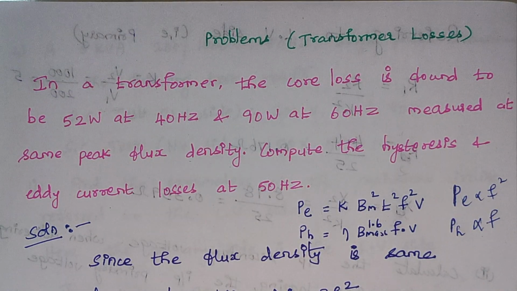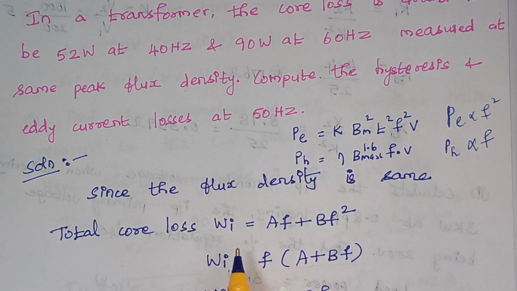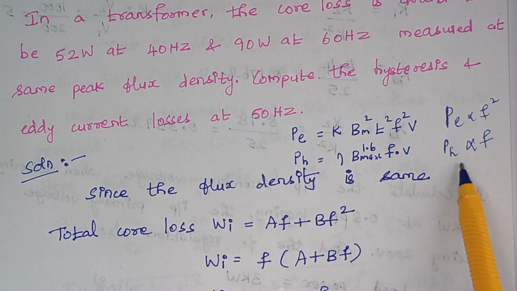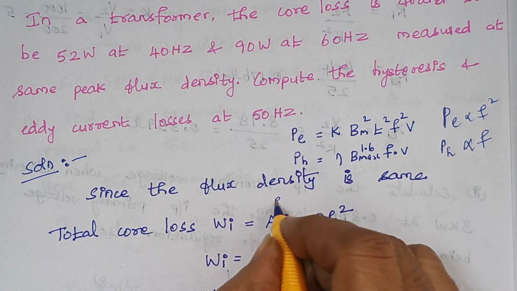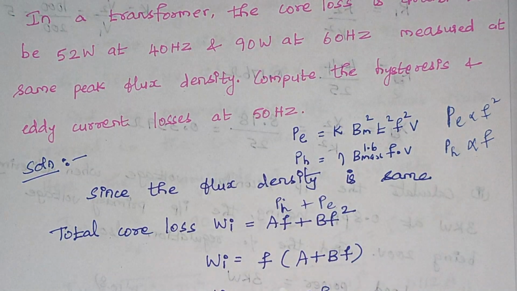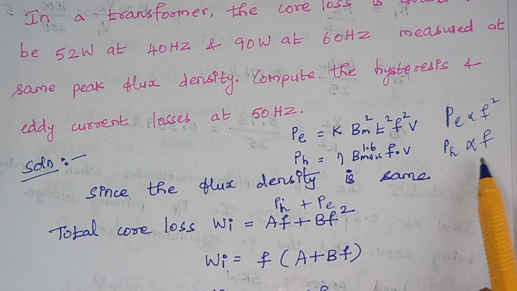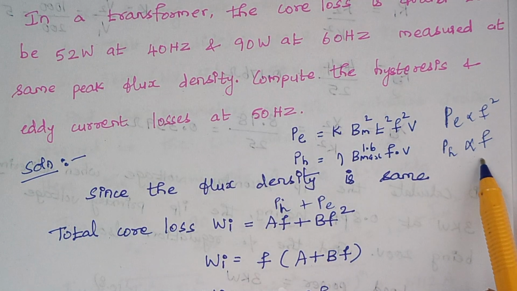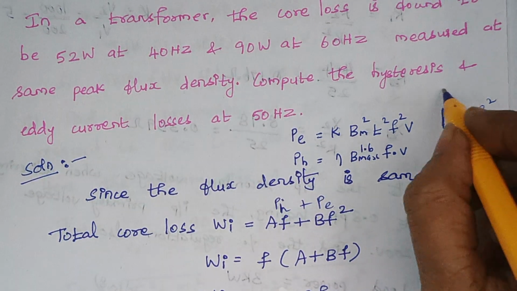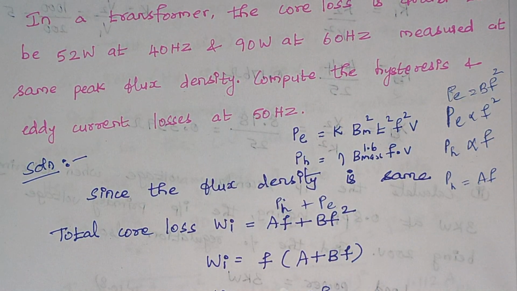Right. So we are rewriting the formula: total core loss is a summation of hysteresis loss and eddy current loss. Hysteresis loss is directly proportional to F, so with proportionality constant A we can write P_H equals A F, and similarly P_E equals B F square.